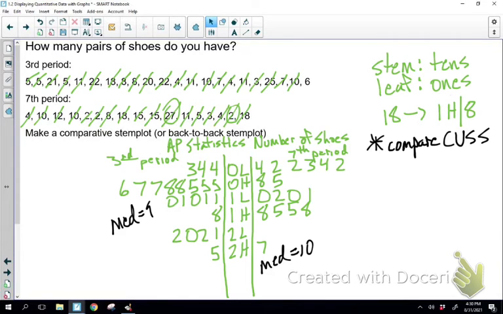But for AP Statistics, we want to talk similarities and differences among center, unusual, shape, and spread.